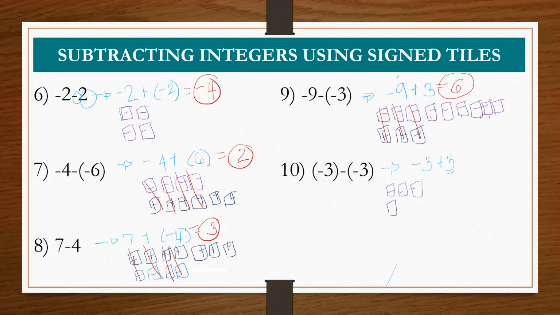So 1, 2, and 3. Cancel pairs of positive and negative tiles. This will be cancelled, cancelled, cancelled. There is no tile left. So we have 0. The answer to negative 3 minus negative 3 is 0.